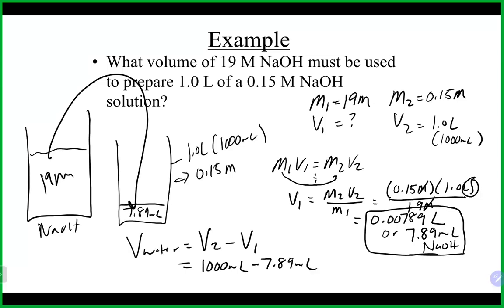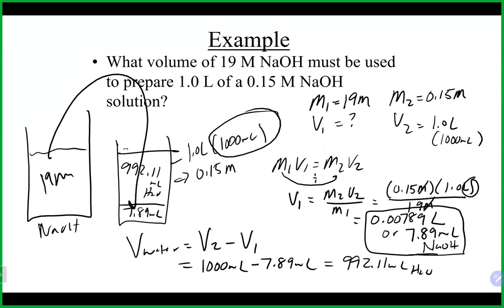That means roughly I need to put in there 992.11 milliliters of water with it. So I would drop in 992.11 milliliters of water. At that point, I would have a total volume of 1,000 milliliters. And when I give it a mix, I would then have a solution that has that molarity.